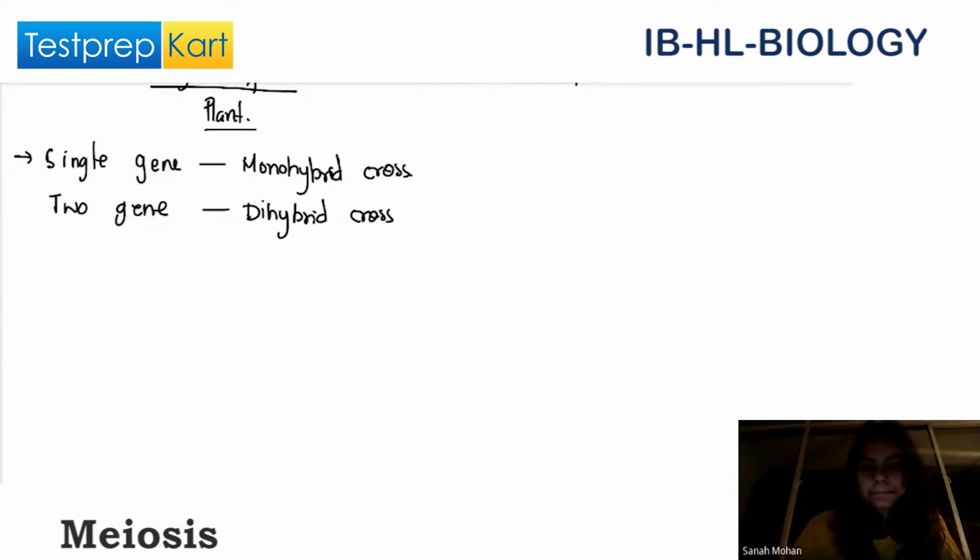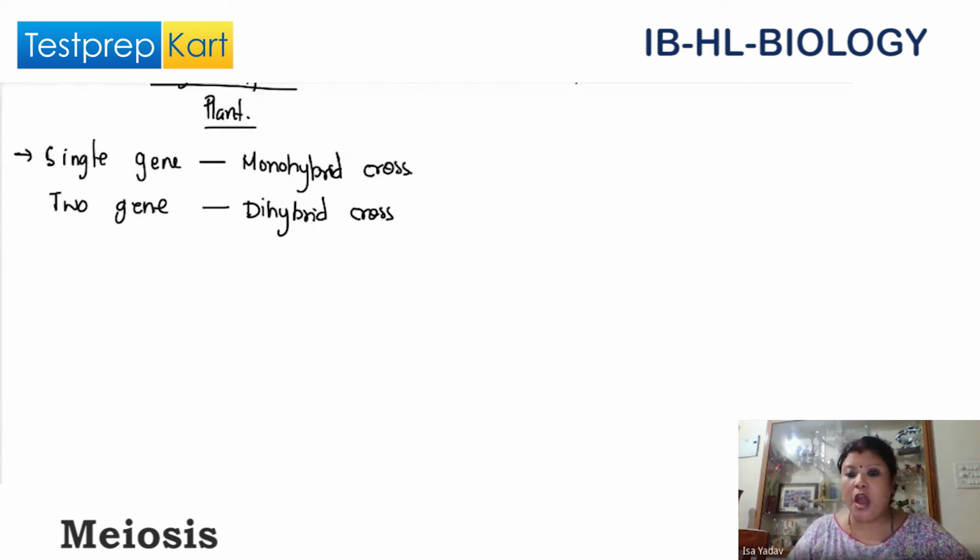What cross? Dihybrid. Monohybrid involves a single gene, dihybrid 2 genes.